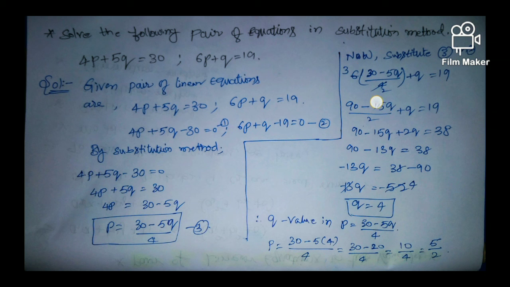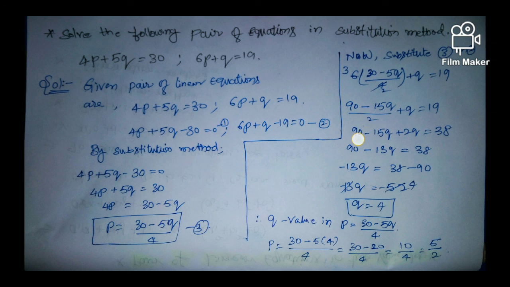Here the denominator is 4 and 6 is multiplying, so cancel out: 2 threes are 6, 2 twos are 4. So 3 into the inner part, that is 3 into 30 is 90, minus 3 fives is 15q, divided by 2, plus q equals 19. Here this is a fraction and this is a natural number.